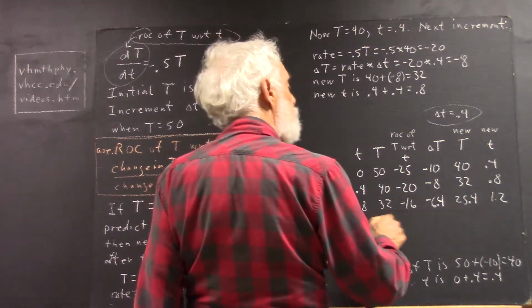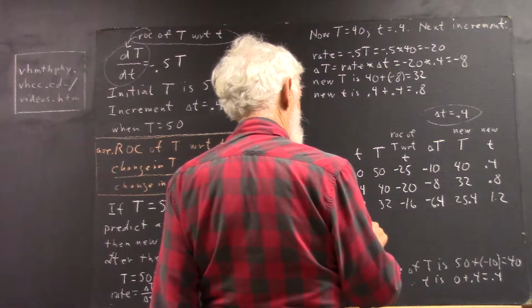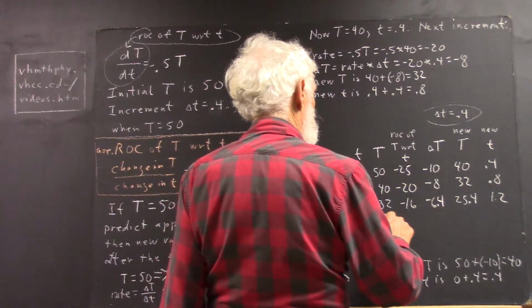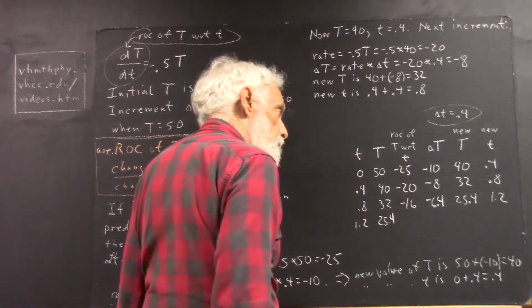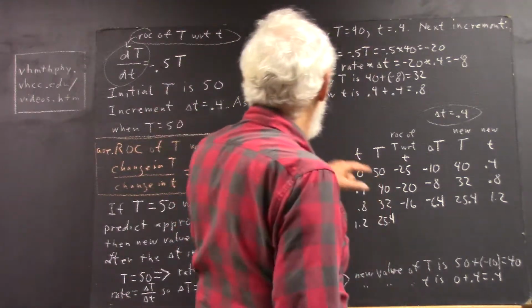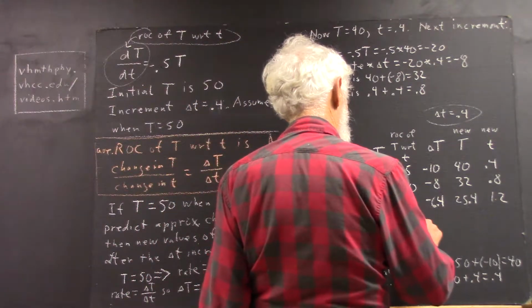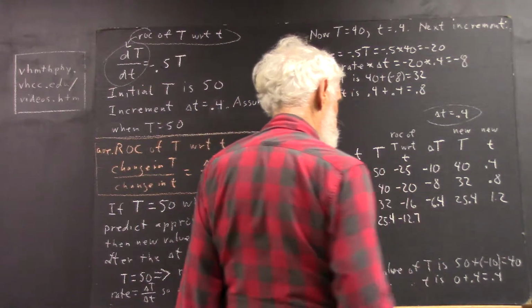Okay, then we write down 1.2 for little t, 25.4 for big T. We use our rule, negative 0.5 times 25.4 is negative 12.7.